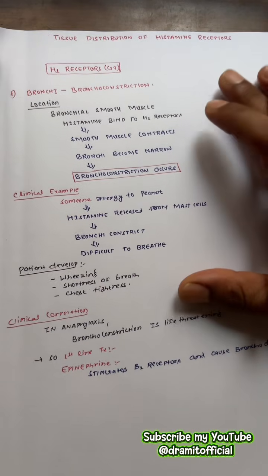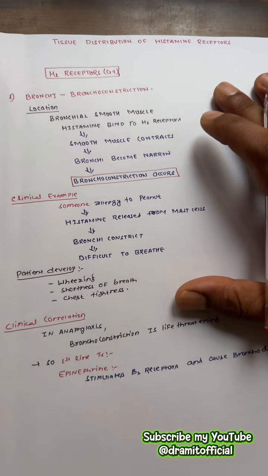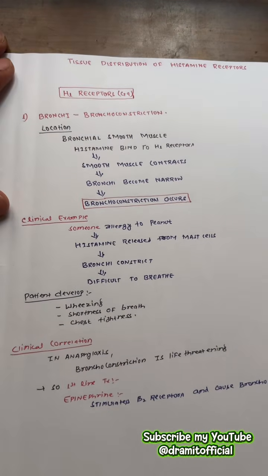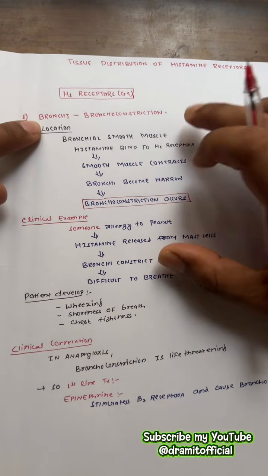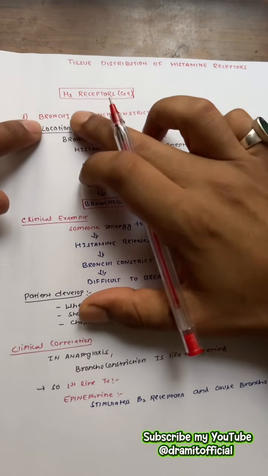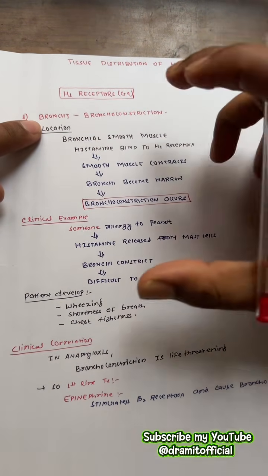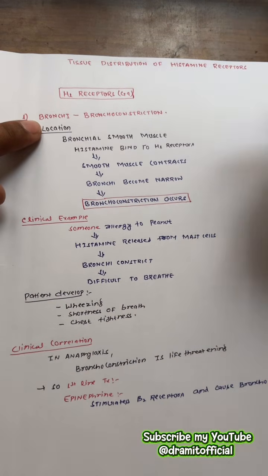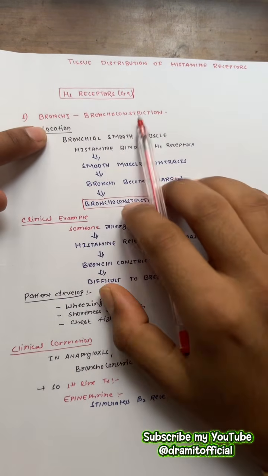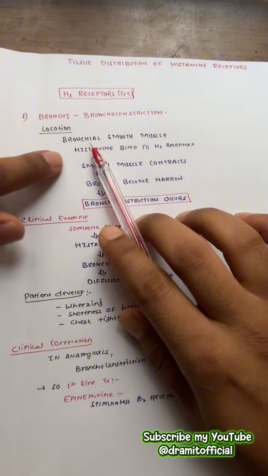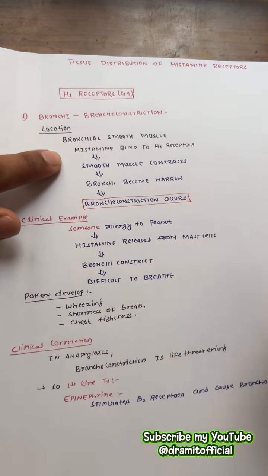Now let's understand how this H1 receptor works clinically. First we'll see its effect on bronchi. We all know that in lungs there is trachea, bronchi, bronchioles, respiratory bronchioles and alveoli. In bronchi it causes bronchoconstriction. Let's see how. There are bronchial smooth muscles in the bronchi.